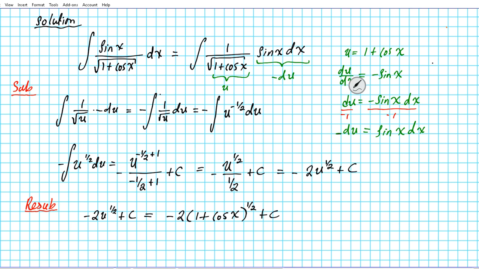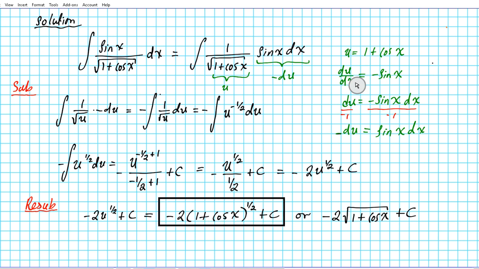Okay, you can write this in this format using rational exponents, or you can say negative 2 times the square root of 1 plus cosine x plus c. Alright, so whichever format you write it, that is correct. Ladies and gentlemen, this is the answer to question number 1 on how to use the u substitution integration method.